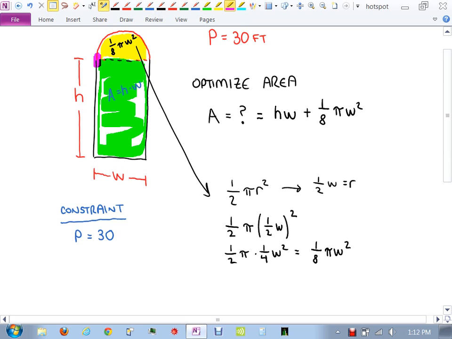If I start at that top corner there and walk around this window, I would have to go H, then W, then H, and then across a half circle, right? Wouldn't I? So let's add that up. It would be H plus W plus H again plus half of the circumference of the circle. I'm just going to use C. Is that all right for the circumference?